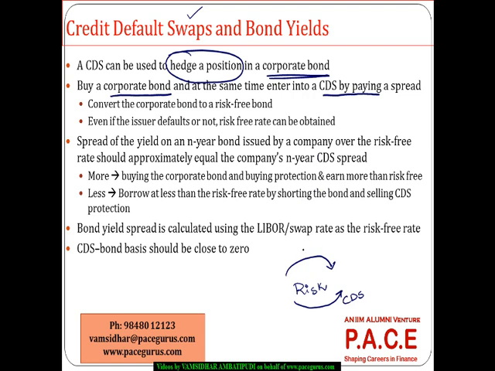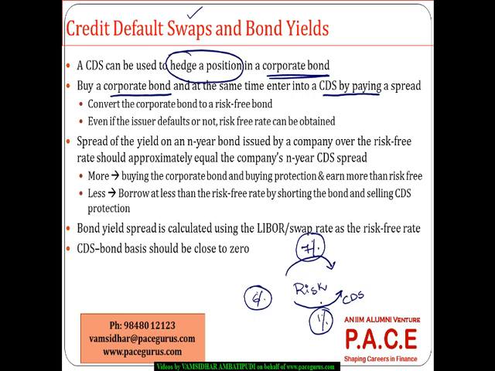So let's say here I am getting a return of 7%, whereas here I pay 1% of the face value as a premium for the CDS. Now effectively I am getting 6% return, because I am getting 7%, but I am shelling out 1% for the protection.